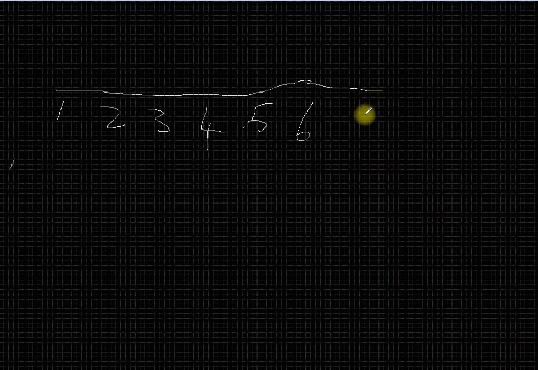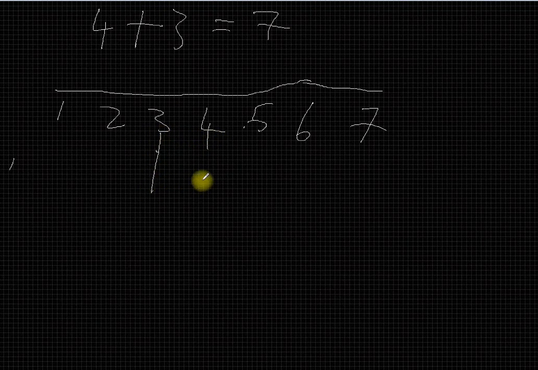Sorry for my line drawing. Let's say 1, 2, 3, 4, 5, 6, 7. And we have 4 plus 3, which equals 7. So now we have 4 here, then 3, and 4 plus 3.